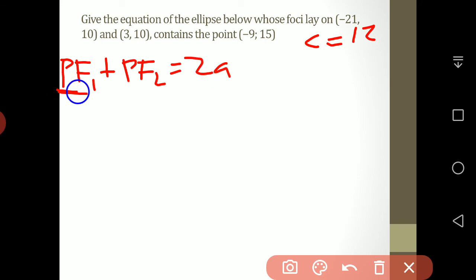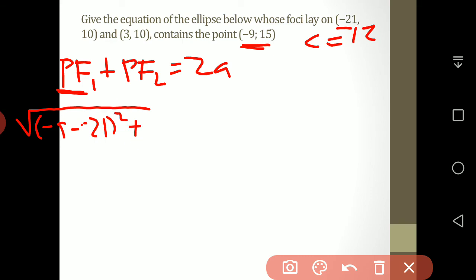Now what's the distance of PF1? From point F1 to point P, we're going to get the distance between them. That will be the square root of, let this be our point 1, (-9, 15): negative 9 minus negative 21, squared.